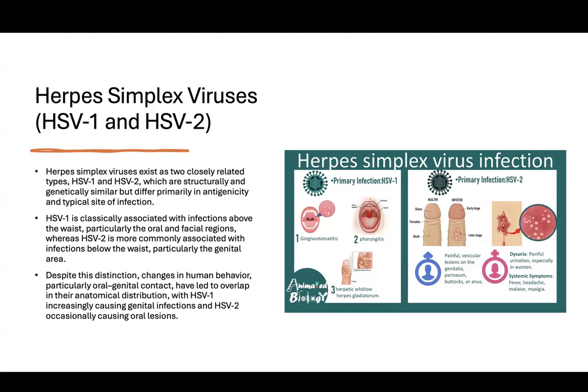It can be HSV2 as well. So, what we see specifically with human behavior, there's been a lot of oral and genital contact between humans. And what we've seen is HSV1 jumping from your oral cavity into the genitals and vice versa, HSV2 jumping into your oral cavity. So it's not a 100% rule. In general, HSV1 prefers the oral routes, HSV2 more genital. But again, they can be found in both.